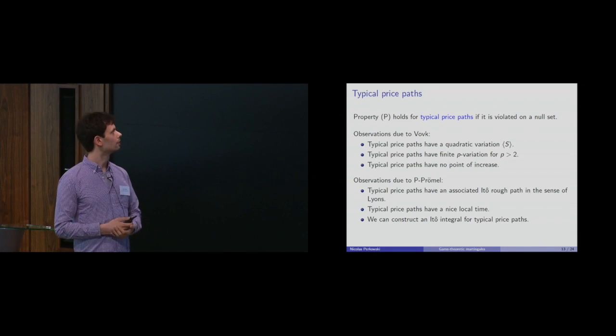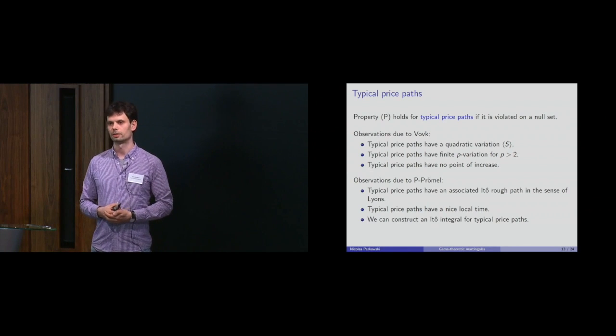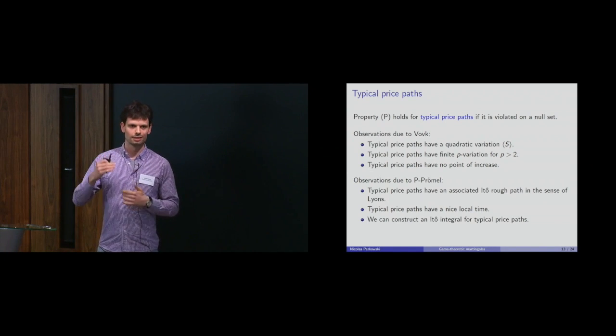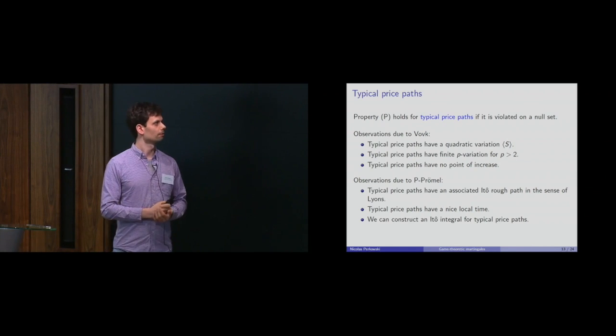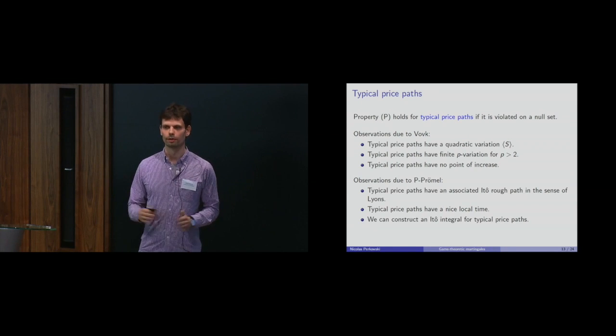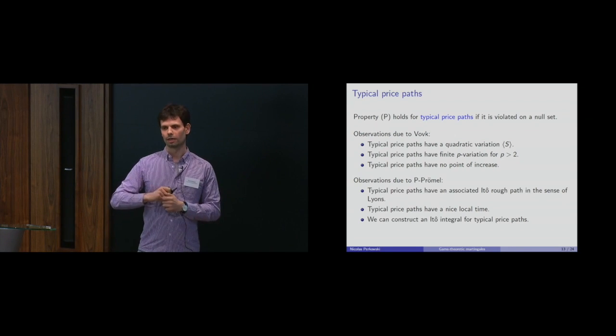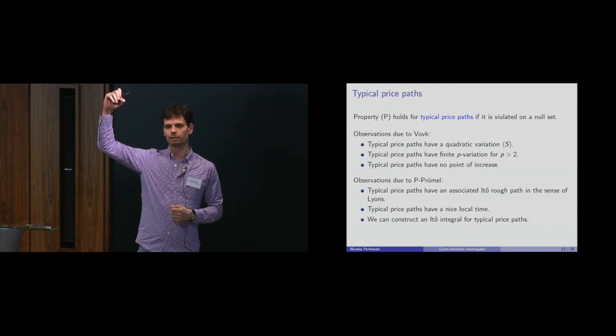So we say a property holds for typical price paths if it is violated on a null set. This takes some time to get used to. So what does it mean? For example, if I say typical price paths are not differentiable at 1, let's make a simple case, then this means that you can start trading with 1 pound, and whenever the market throws a path at you that's differentiable at time 1, then you get infinitely rich with this sequence of strategies.